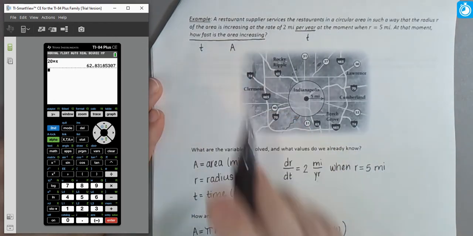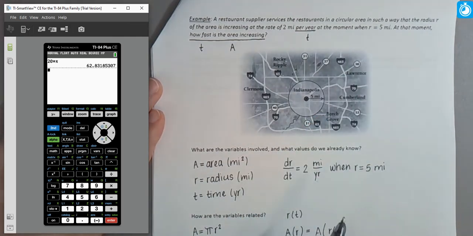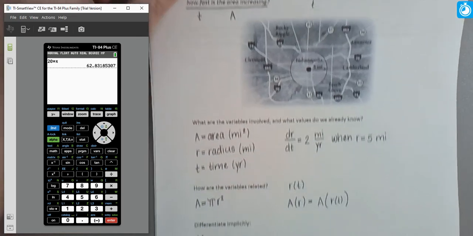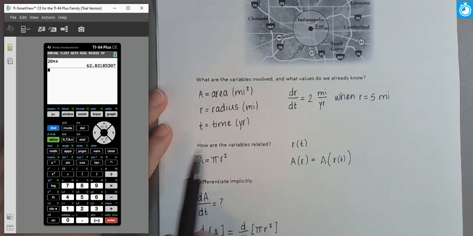If you're given a rate, you've been given a derivative. Otherwise, you've just been given a value for a variable. And then one of the most important things here is determining what the algebraic relationship is among the variables in question. This is what we differentiate. But notice you're not given that relationship in the problem. You have to determine what that is in order to be able to differentiate.